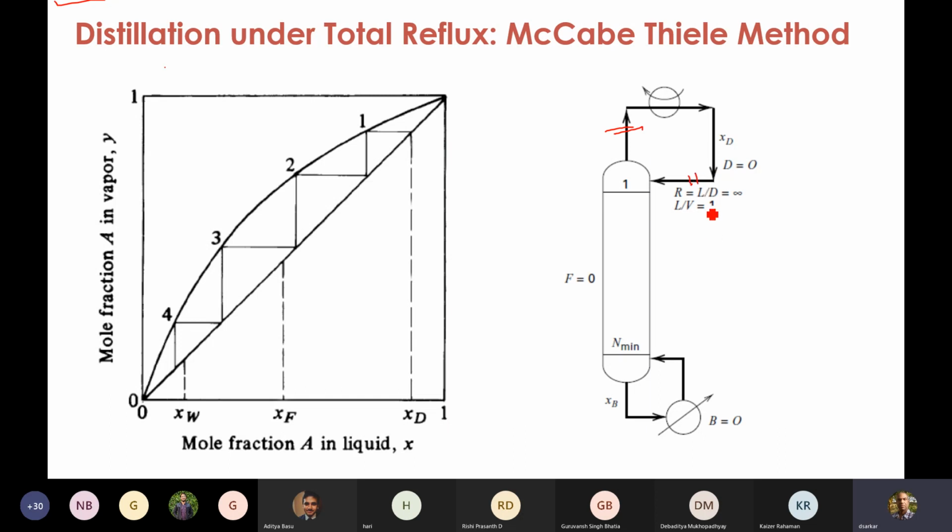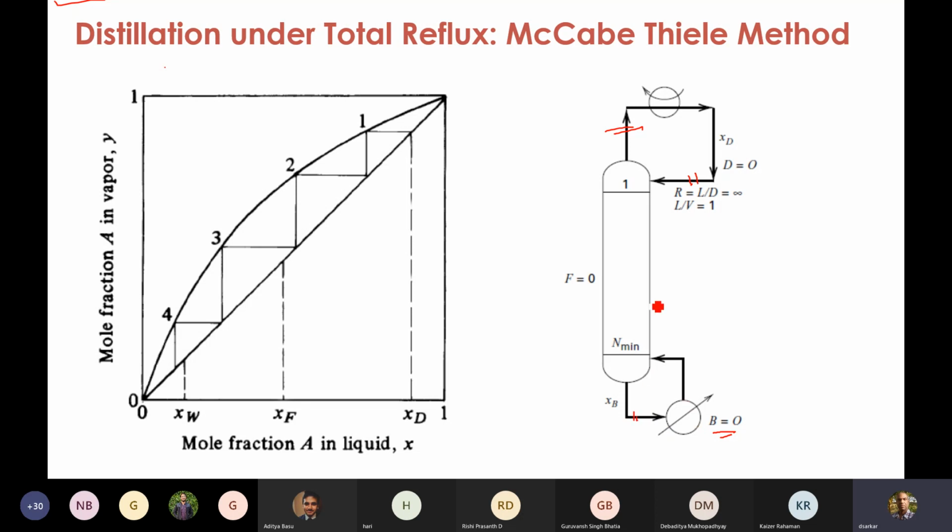So D equals 0. So the reflux ratio R equals L by D is infinity, because D is 0, basically a very high reflux ratio. And similarly, the bottom product is also B equal to 0, and F equal to 0. So the entire vapor that the reboiler generates by vaporizing the liquid stream is fed back to the distillation column.